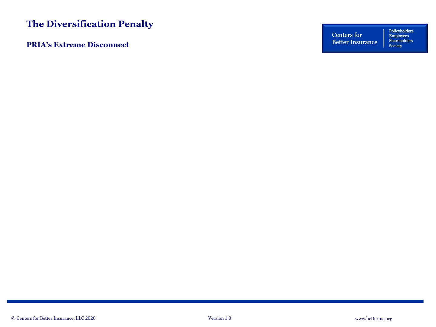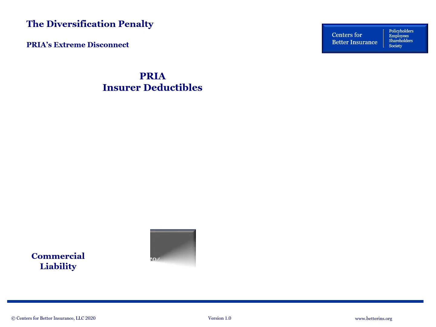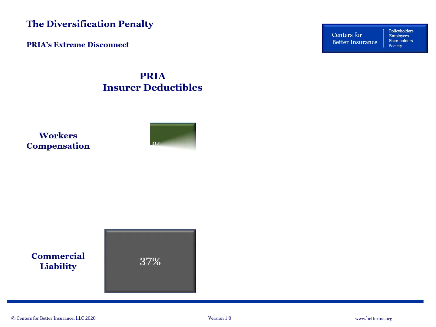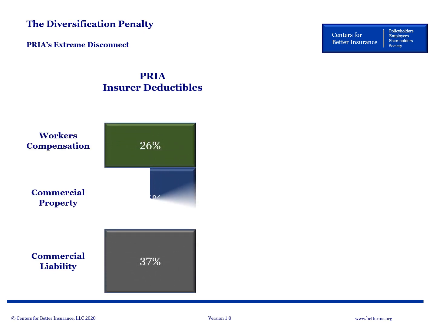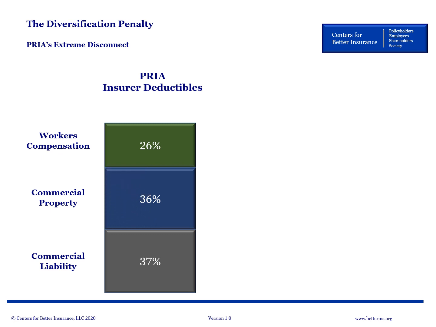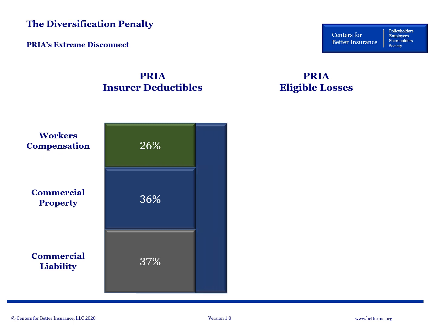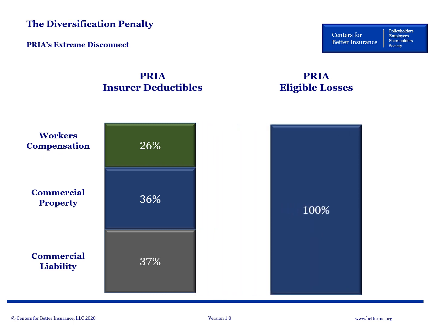The insurer's PRIA deductible is calculated based on the same lines of business as TRIA: commercial liability, workers' compensation, and commercial property. However, an insurer can claim reimbursement from the PRIA backstop only for business interruption and event cancellation losses. These coverages are components of commercial property insurance.